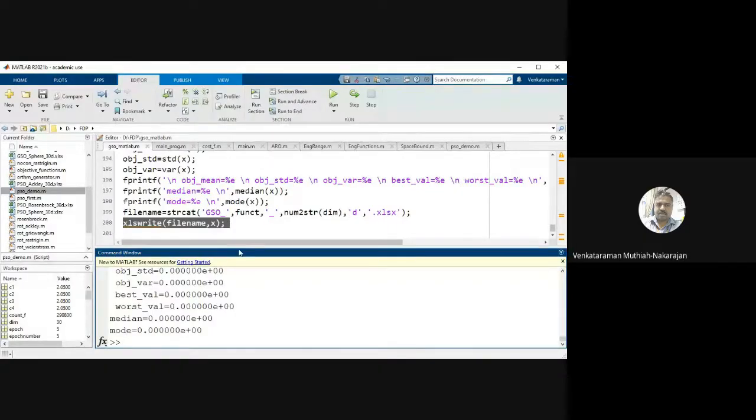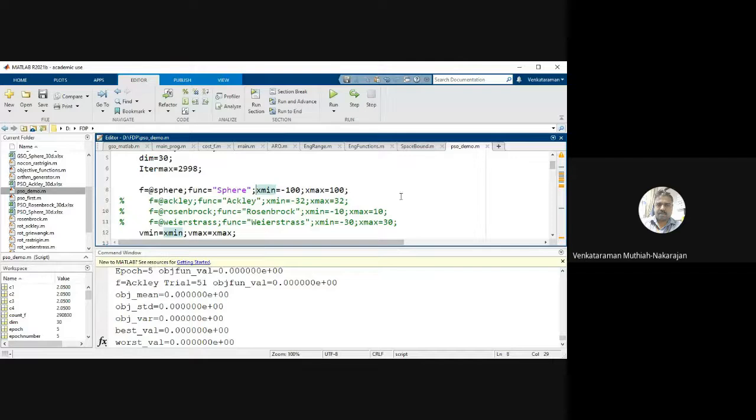Now we come back to our MATLAB screen. So we have GSO run for up to 51 times for MATLAB.